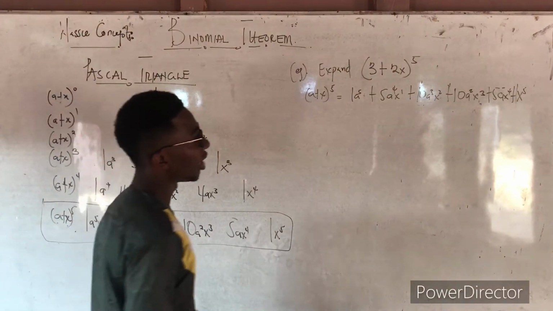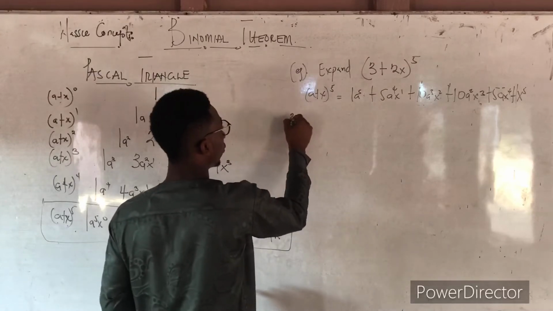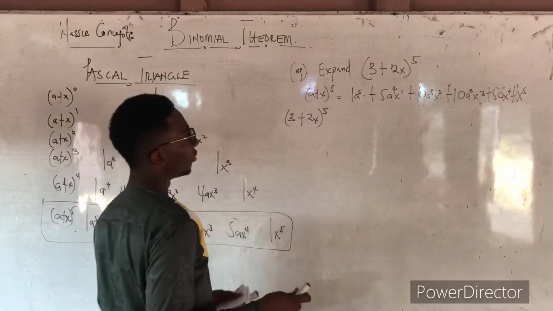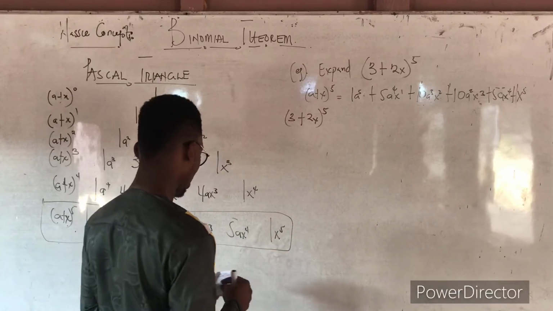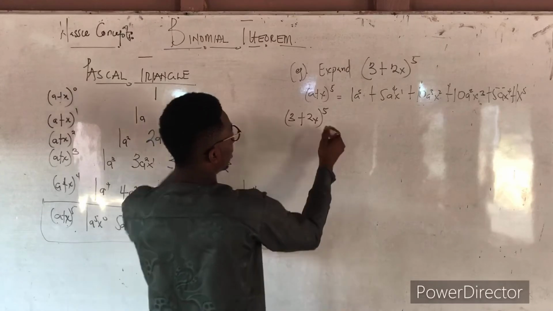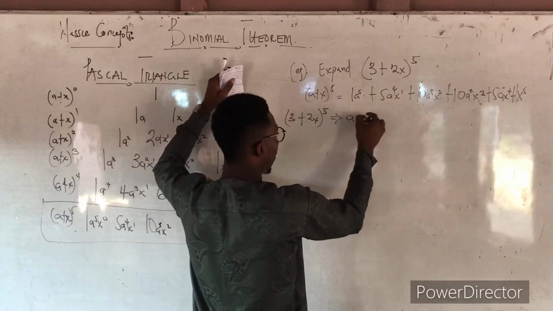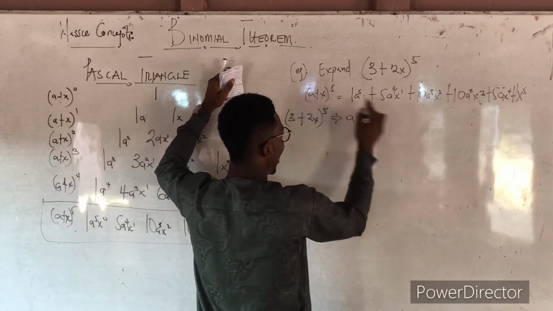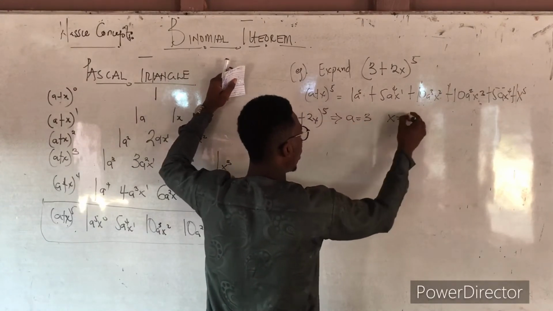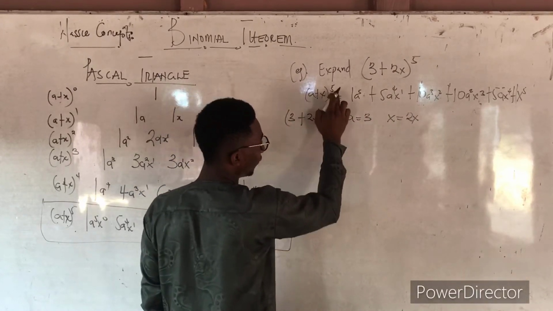Okay, so now from this question (3 + 2x) exponent 5, we can separate it. From here, a is 3 and the x value here is 2x, and our n is 5.